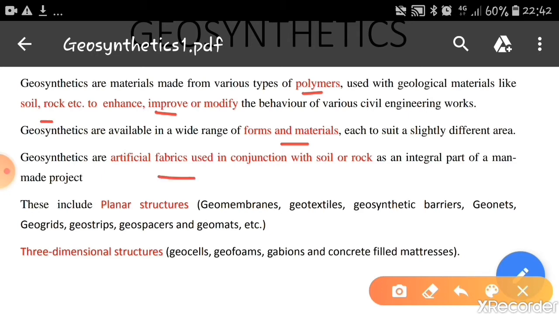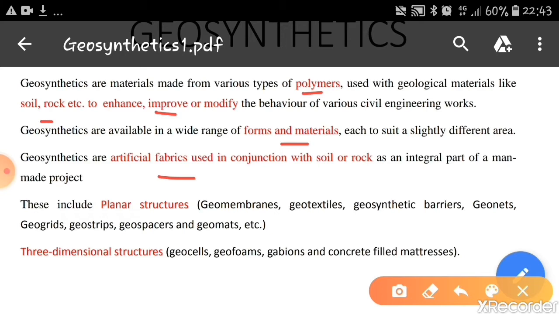They are used in conjunction with soil or rock as an integral part of a man-made project. Man-made projects are nothing but maybe pavements, canal lining, or landfills. In all these projects, we can use geosynthetics as an integral part of the structure so that they can improve the various properties of the soil.